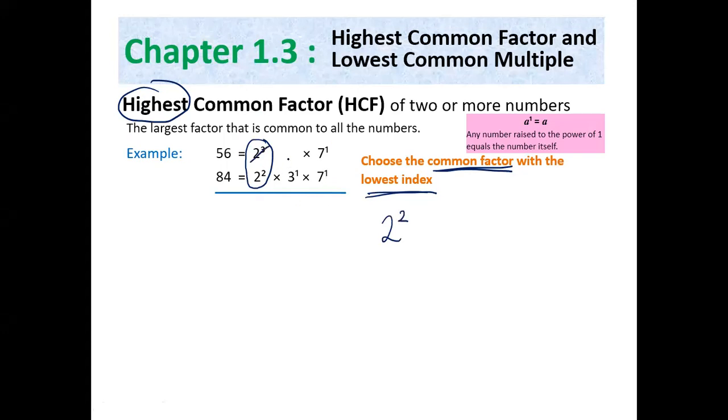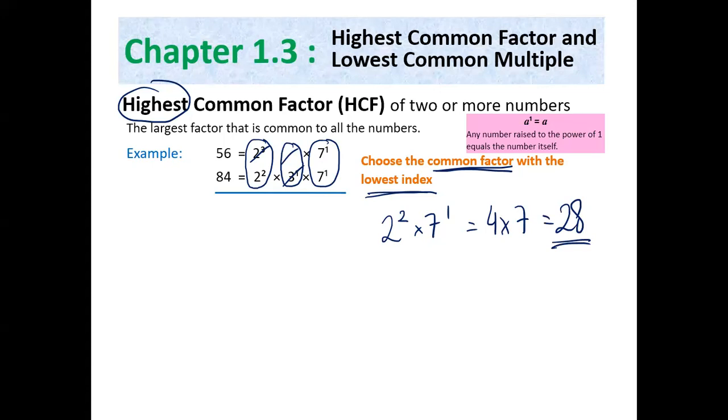Cross this. And then 3 to the power 1, do we have the common factor on top and bottom? No. So you cannot pick it at all. You cross both. And then 7 to the power 1, you just pick one. Multiply the numbers: 4 times 7. So you will get 28 as the highest common factor.